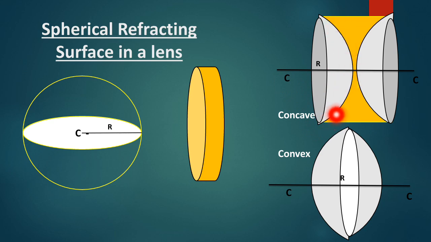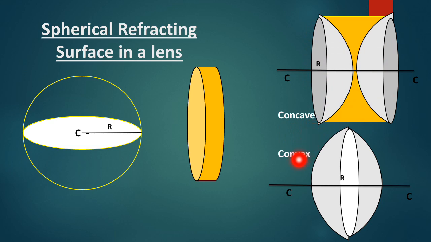For the other surface of this shape we also have this inward curved surface, correct? And it is an inward curved surface, so here we have the center and the radius. Now we are getting a shape which is thin at the midsection and broader at the edges, and as those two refracting surfaces are curved inward, this is called a concave lens.